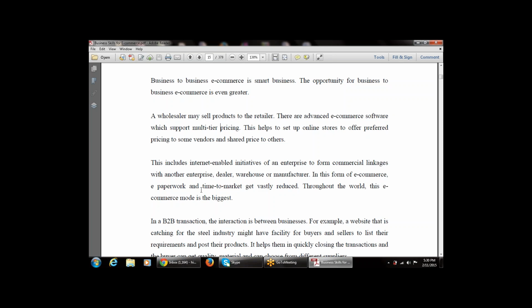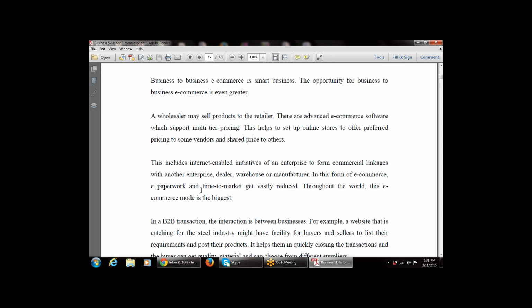In this form of e-commerce, e-paperwork and time to market get vastly reduced. Whenever there is e-commerce, there is no paperwork and no manual work, so e-paperwork and time to market get vastly reduced.